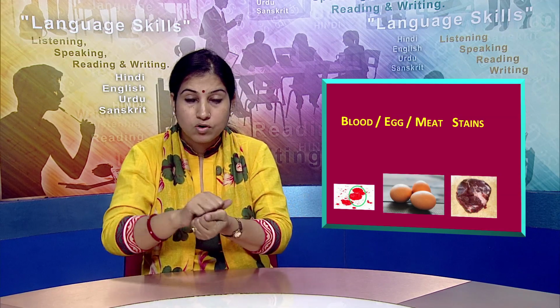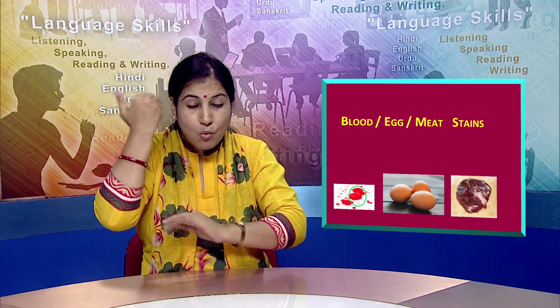Second category of stain, animal stain. For stains like blood, egg and meat, for fresh cotton clothes, wash with cold water and soap.